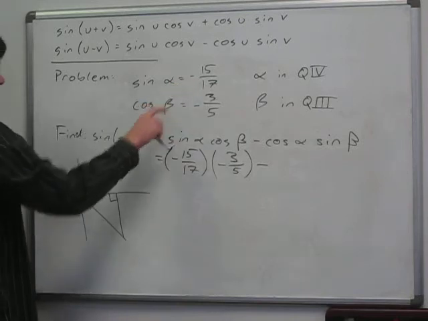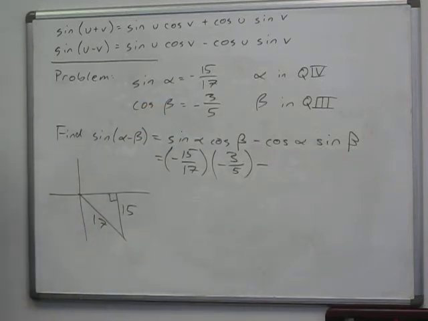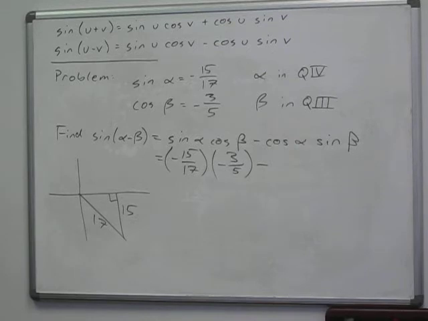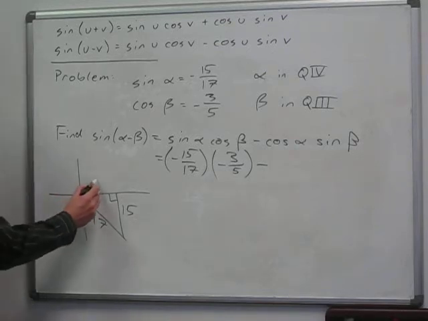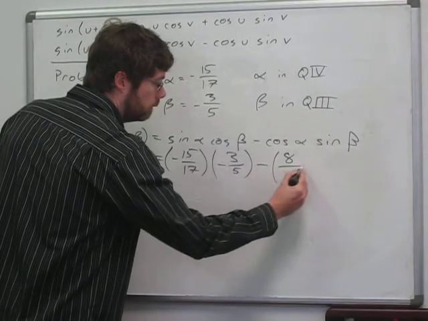And I want a ratio of 15 over 17, so I'll make the opposite leg 15, the hypotenuse 17. And since we're in quadrant 4, the sine is certainly going to be negative down there. By the Pythagorean theorem, the length of this leg is 8. So the cosine of alpha, we're in quadrant 4, so cosine is going to be positive, and the ratio will be 8 over 17.